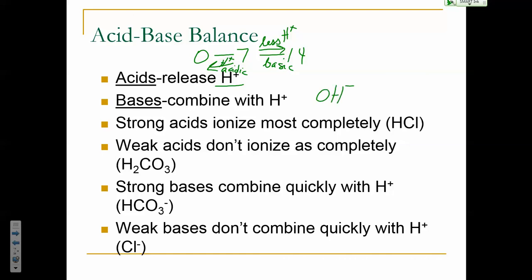But that's a very narrow definition of a base. A much more generic definition is that a base releases a substance that combines with hydrogen, which is going to raise the pH because it's lessening the hydrogen ion concentration.